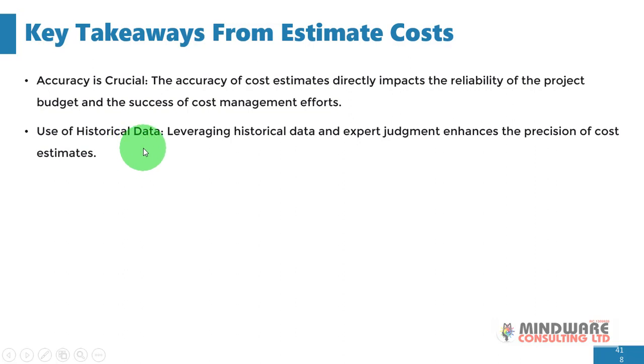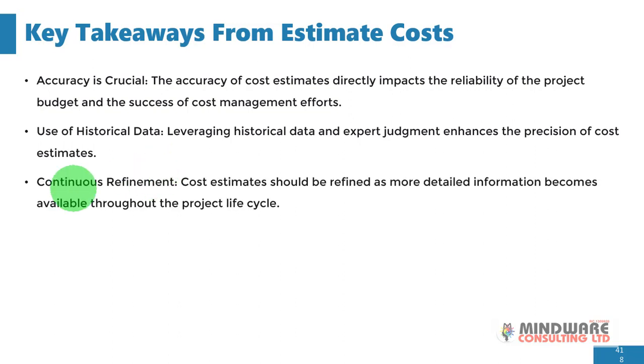Use of historical data. Leveraging historical data and expert judgment enhances the precision of cost estimates. So you want to have historical data handy. All right, you want to have unhindered access to organizational process assets that gives you historical data, all right, from which you're going to be making judgments and making decisions regarding the current project.